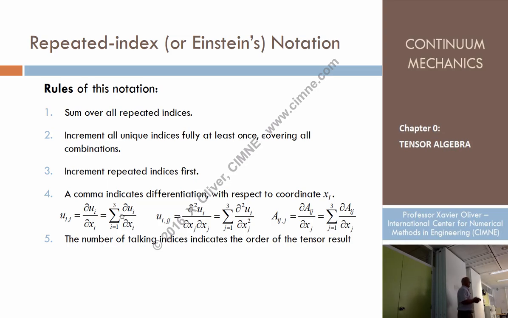And even more, that is also sometimes too long, and in order to represent that derivative, we sometimes will use u, which is the function, i, which is the component of the function, comma, this comma means derivative with respect to, and j, the coordinate we differentiate with. Okay?